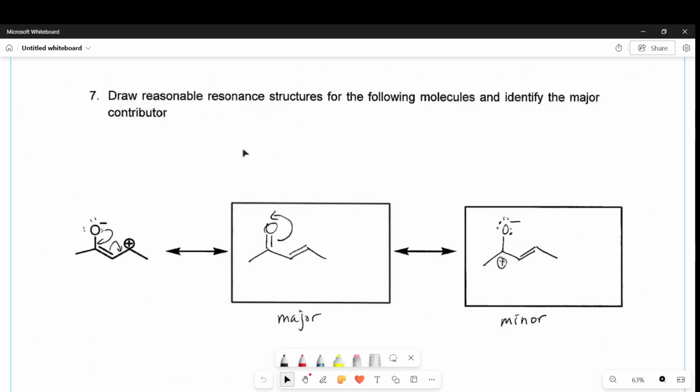Okay, now question number 7 is a resonance question. It's asking you to draw a reasonable resonance structure for the following molecule. It's already shown as you see. This is a charged species, and you are asked to draw a major resonance and a minor resonance contributor.